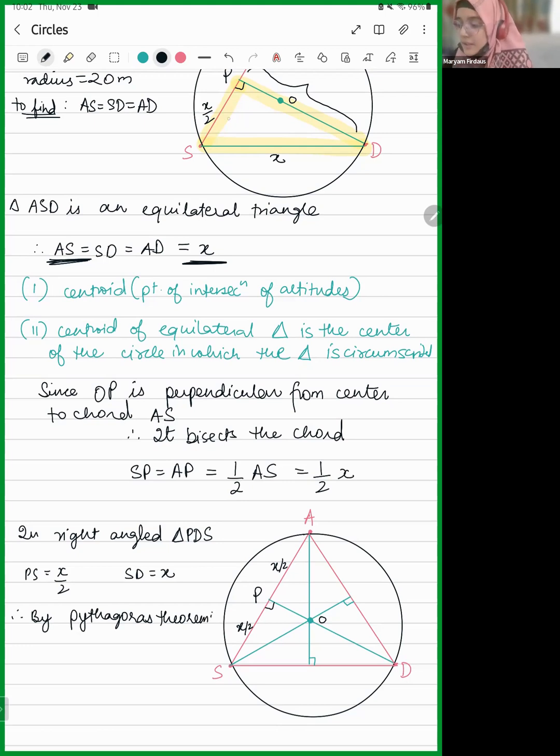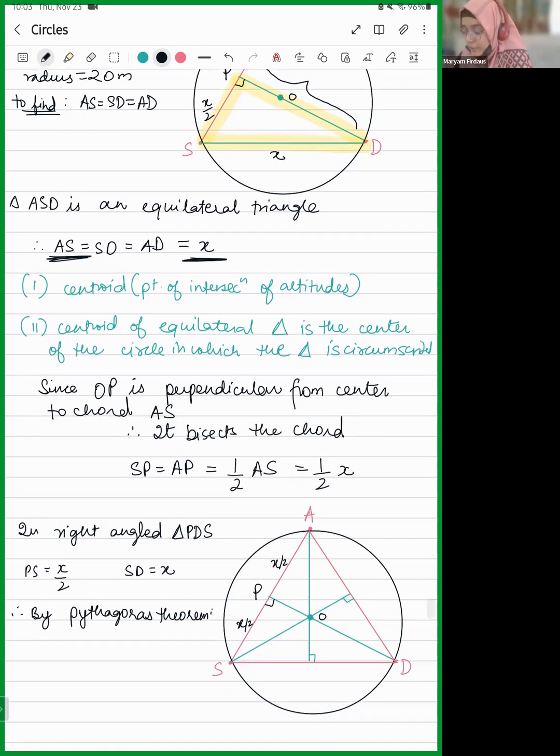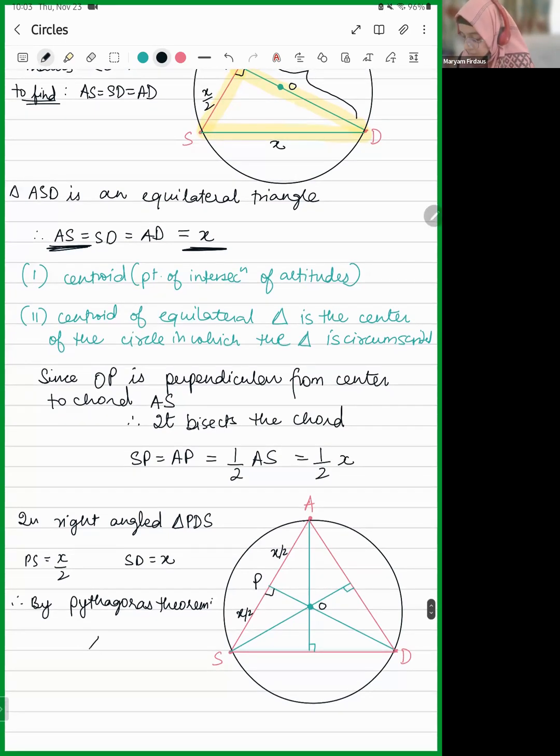Tell me, in this triangle, the right angle triangle. Let me redraw it for you. This is a right angled triangle. This is x by 2.